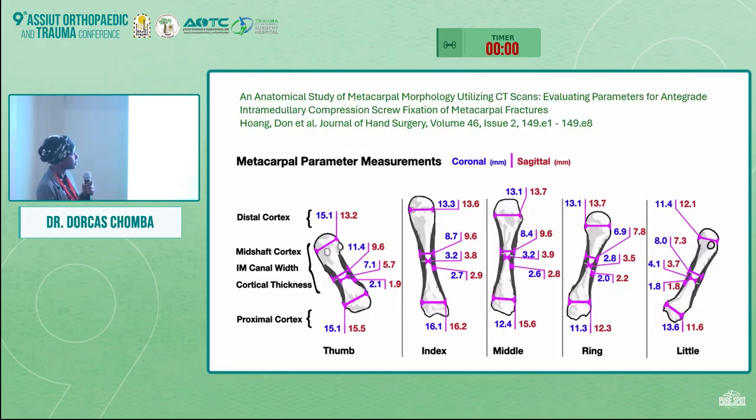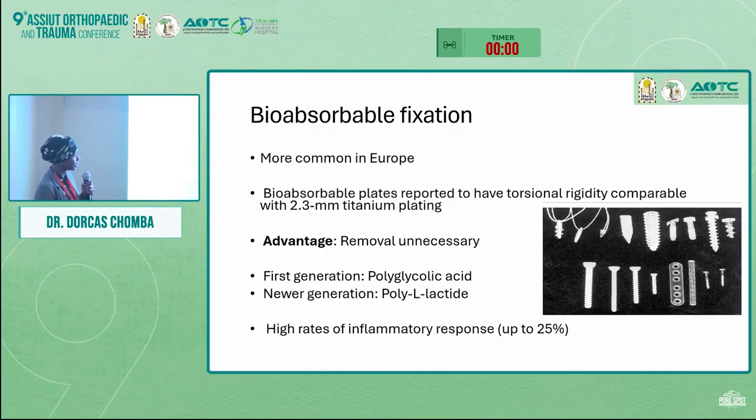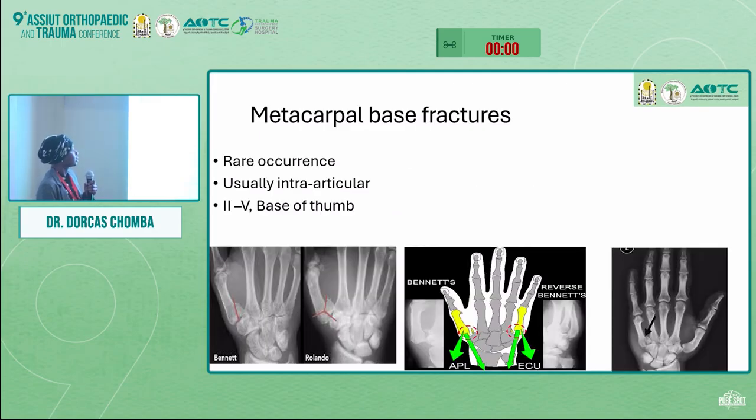This one shows that actually the fifth metacarpal has the widest canal. So when you're choosing the screw, make sure you have the right size of screw, and it also has the thinnest cortical thickness, hence likely to fracture. There are bioabsorbable options. In terms of metacarpal base fractures, you have to mention the Bennett's, the Rolando, the reverse Bennett's.